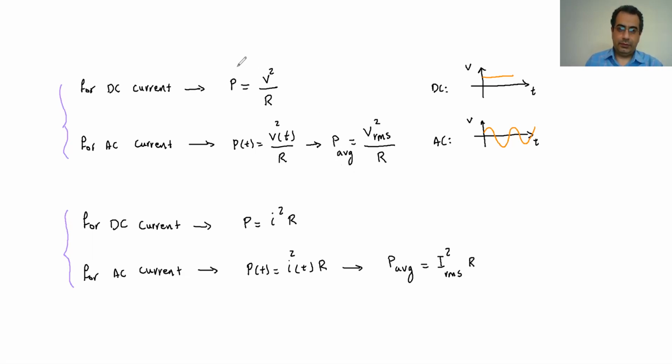For example, for the power in the DC, we have the voltage squared divided by R. Now when it comes to the AC, instead of the voltage, we use the RMS value of the voltage, and what we get is the average of the power over time. So that's what we use the RMS value for.